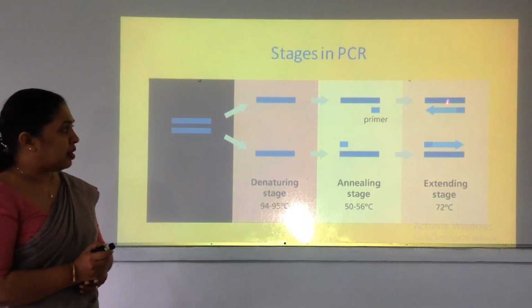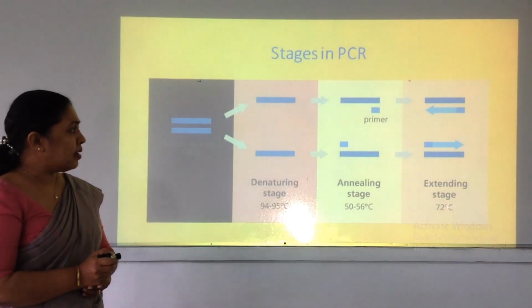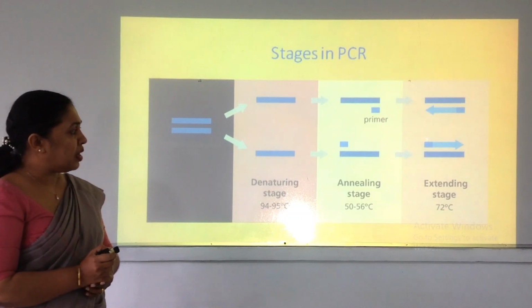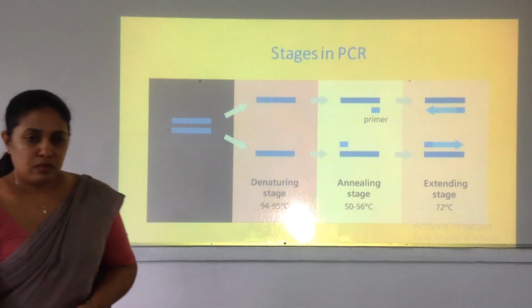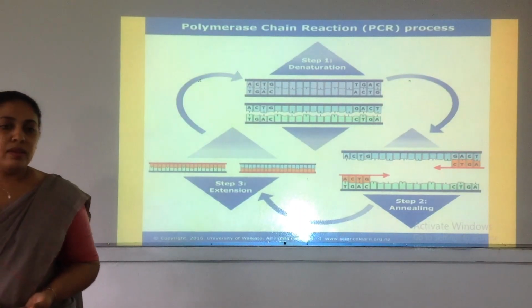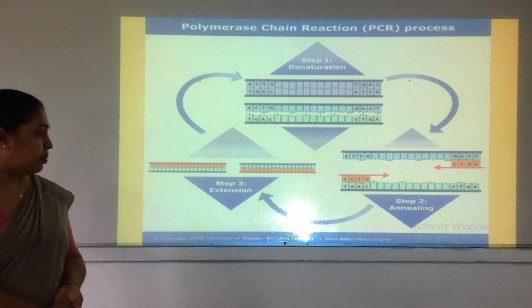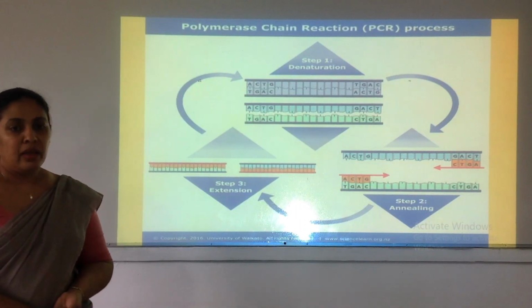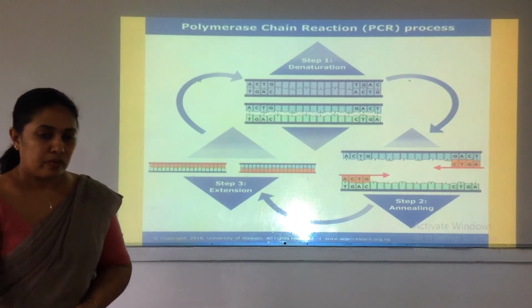And this is the extending stage, and the temperature again rises to 70 to 72 degrees Celsius, and the new strand is copied at this stage. So this is how the reaction occurs in a cyclic manner. There are many cycles occurring in one PCR process.